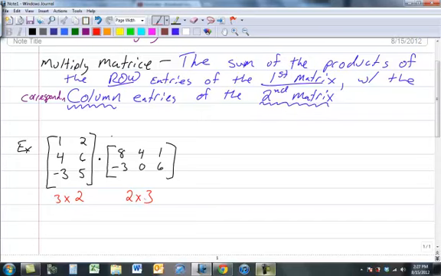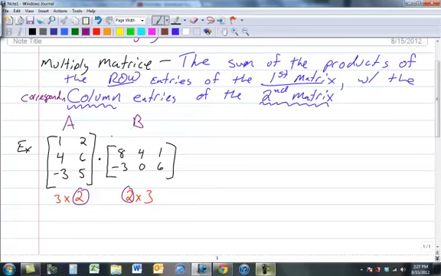Now, first of all, in order to be allowed to multiply matrices, the two inside numbers have to match. In other words, the number of columns of matrix A, I'm going to call this matrix A, and the number of rows of matrix B have to be the same.